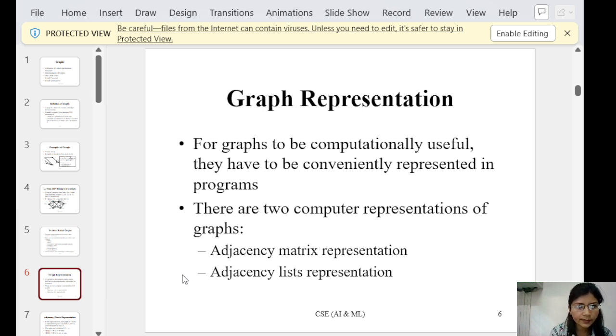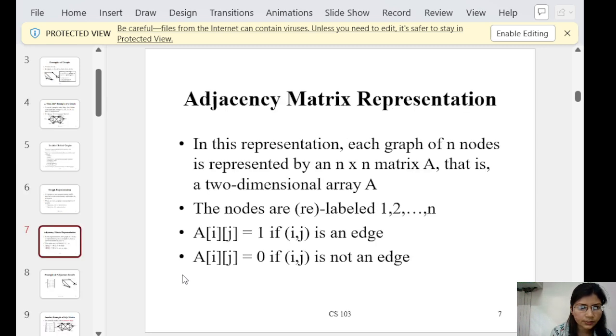There are two common representations of graphs: adjacency matrix representation and adjacency list representation. In the adjacency matrix representation, a graph of n nodes is represented by an n x n matrix A, that is a two-dimensional array A. The nodes are relabeled 1 to n.